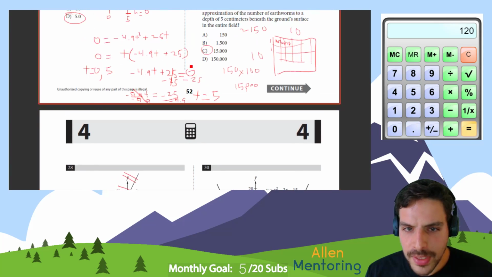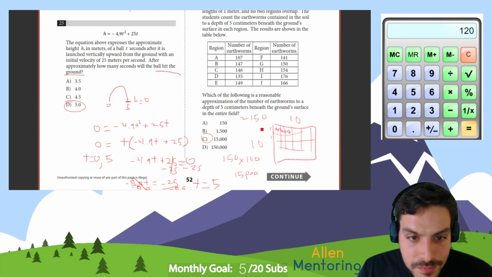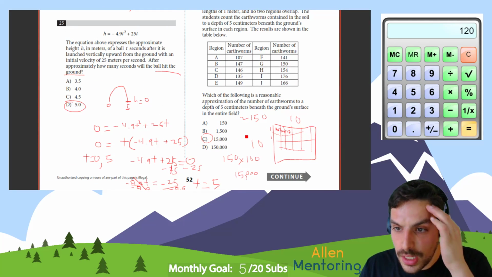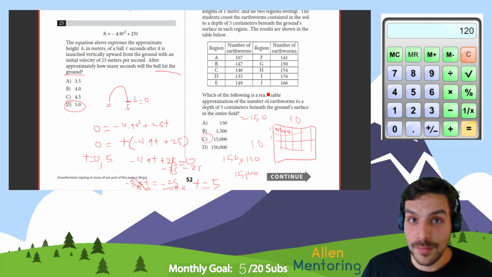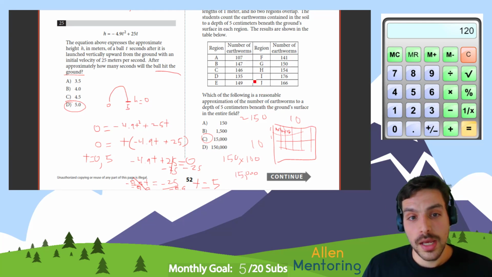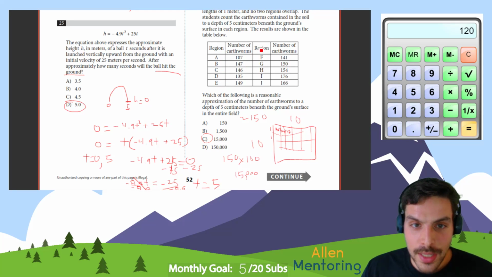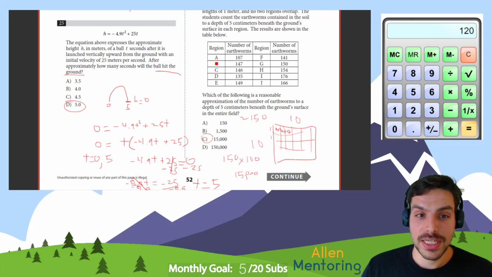So Bob Gills, let's see what's up here. You said you got 1,500. See, that was actually my mistake the first time. You and I made the same exact mistake. The regions here, there aren't only 10 regions. They just gave you an example of 10 regions.